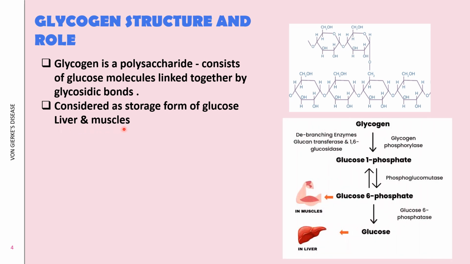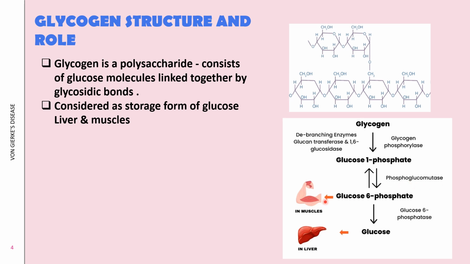So what happens is, in the fasting state, that is in between the meals, this stored form of energy, the glycogen, undergoes breakdown by the enzyme glycogen phosphorylase and gets converted into glucose 1-phosphate. Now this glucose 1-phosphate is acted upon by another enzyme known as phosphoglucomutase.